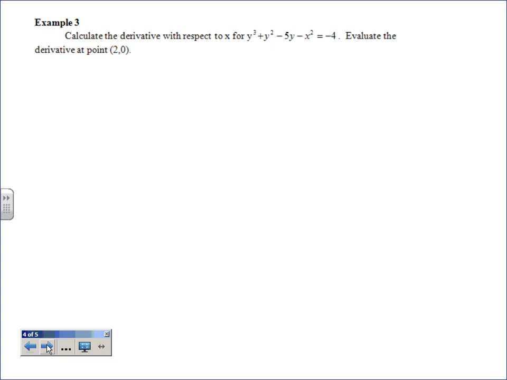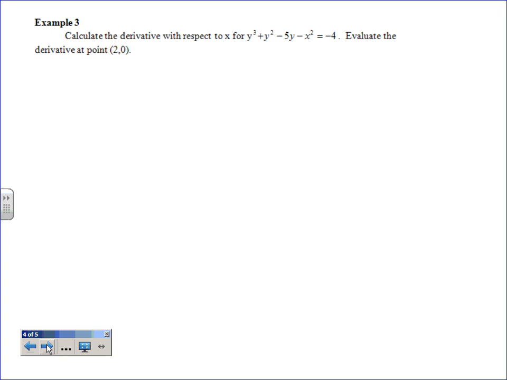Do you know what the graph of that looks like? I kind of do, but I'm telling you that if you put 2 in for x, you're going to get 0 for y. But I want you to evaluate the derivative, so I'm asking you to find the what at that point? Slope. So is that instantaneous rate of change or average rate of change? Instantaneous at (2,0). Well, let's take the derivative of that darn thing.